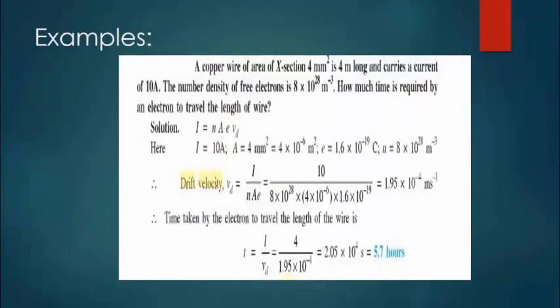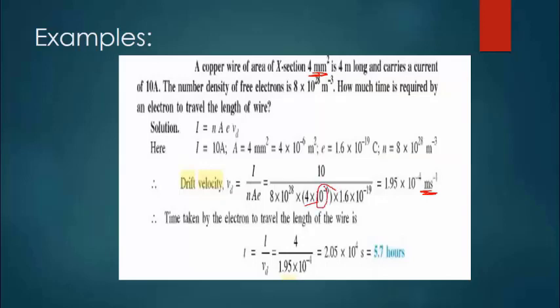So you can solve for drift velocity I over nAe. You are given the values, you put in the values there. Just remember, if you want the drift velocity to be in SI units, meters per second, you have to convert everything else into SI units. That's why they have converted here into SI units.